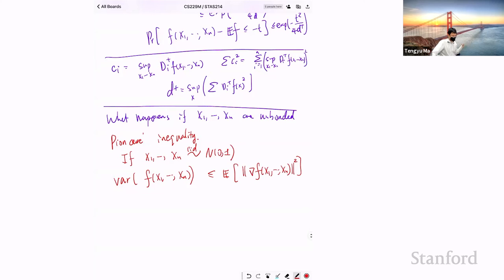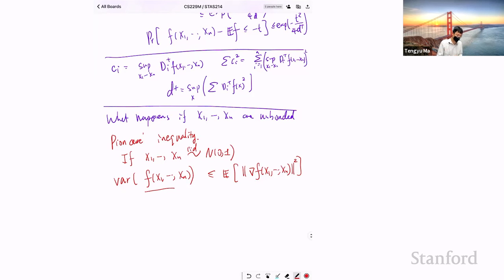So this is in some sense the ideal type of right-hand side that you would hope for. The concentration of this random variable f is somehow controlled by how sensitive, how Lipschitz, the function f is. This is the idealistic and basically the best kind of thing you can hope for.